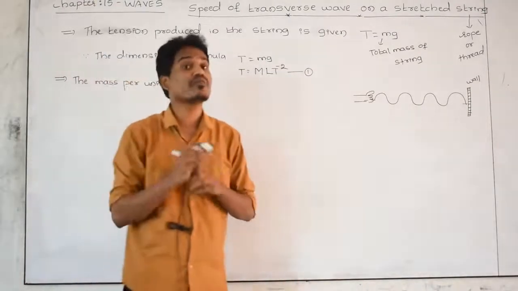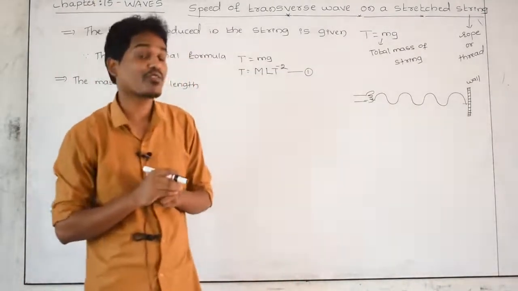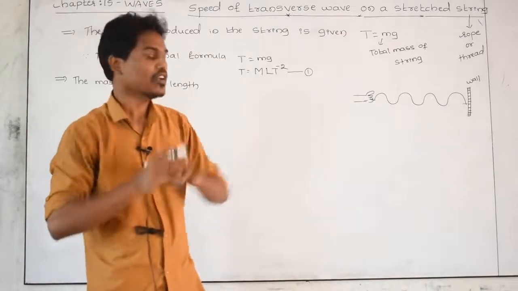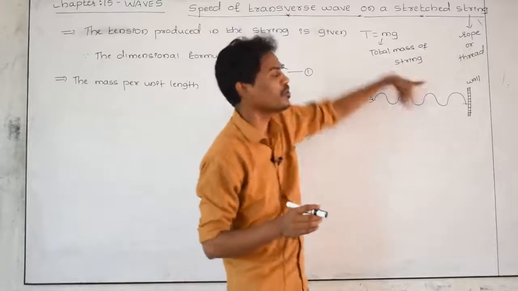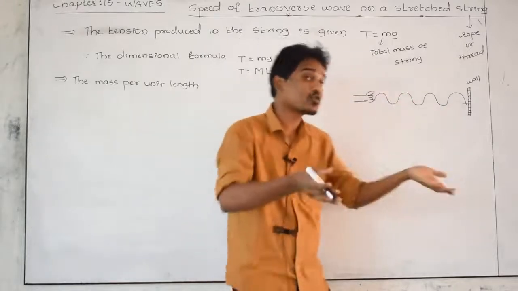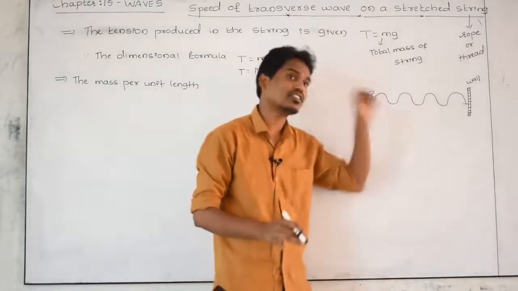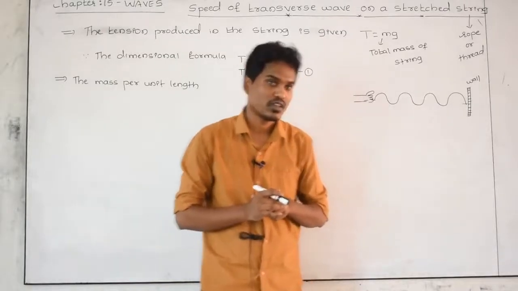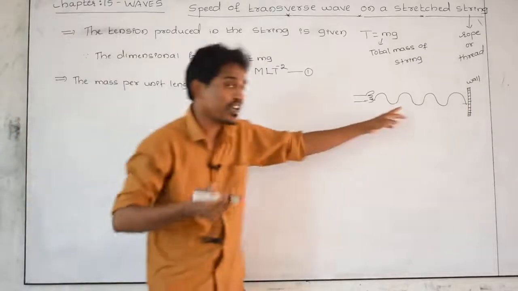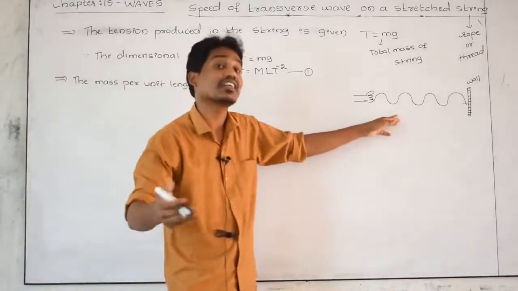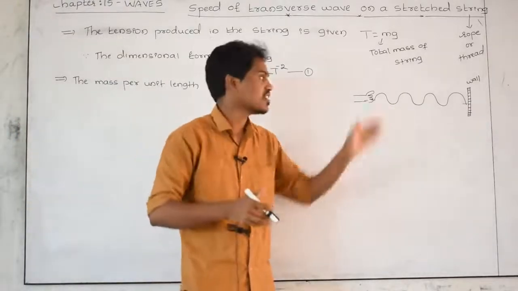That is what we are going to call the inertial property. Inertial property in the sense that the speed of the wave in the rope also depends upon the mass of that rope. That mass is nothing but an inertial property. Inertia means its mass.